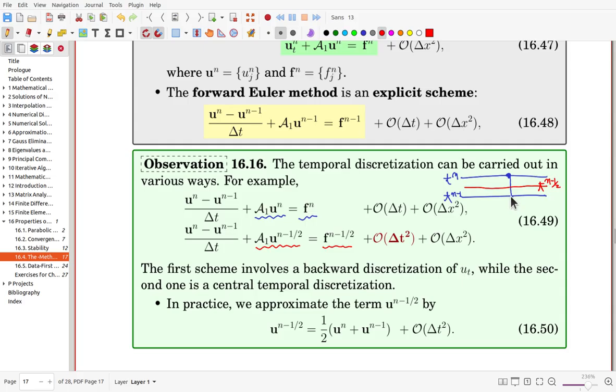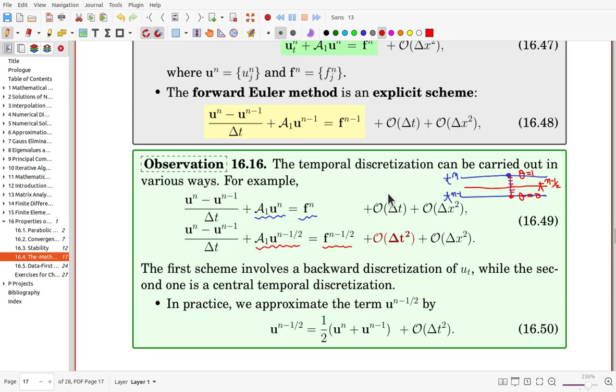So we can choose the basic level at the bottom, as in the forward Euler method, or any point here, and that is half, and that is 1, so that theta moves from 0 to 1. In this way, we formulate the theta method.